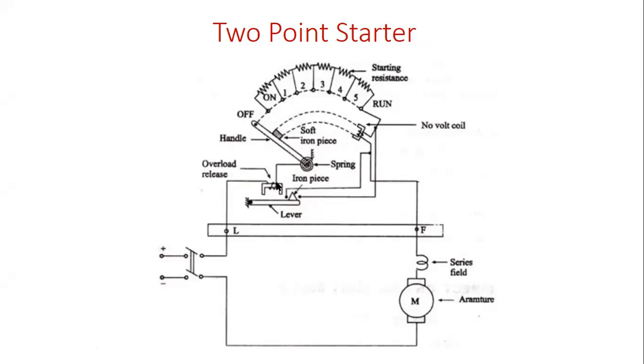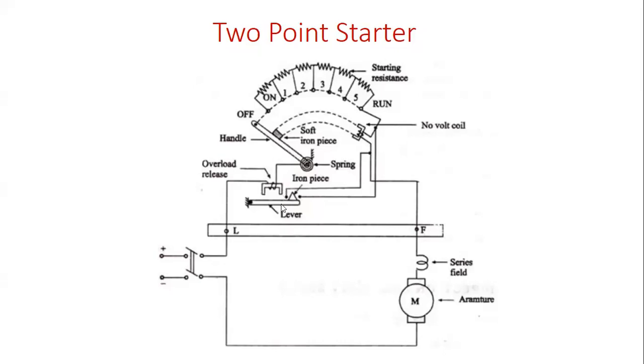If it is entering the electromagnet, what happens? This one also will behave as an electromagnet. If it is an electromagnet, it may attract this lever, so this lever portion will be moved in the upward direction.